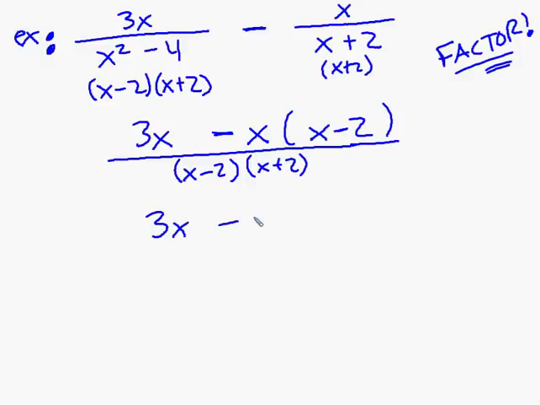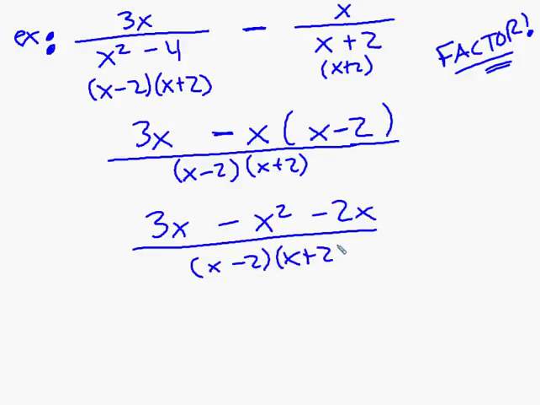And now we'll distribute this x. We'll leave our denominator factored. We'll collect like terms. So we have negative x squared plus x.